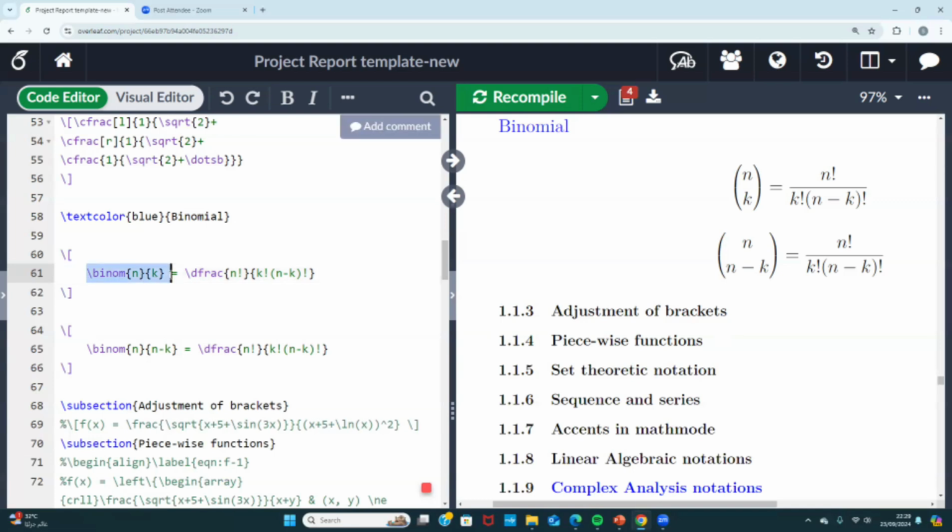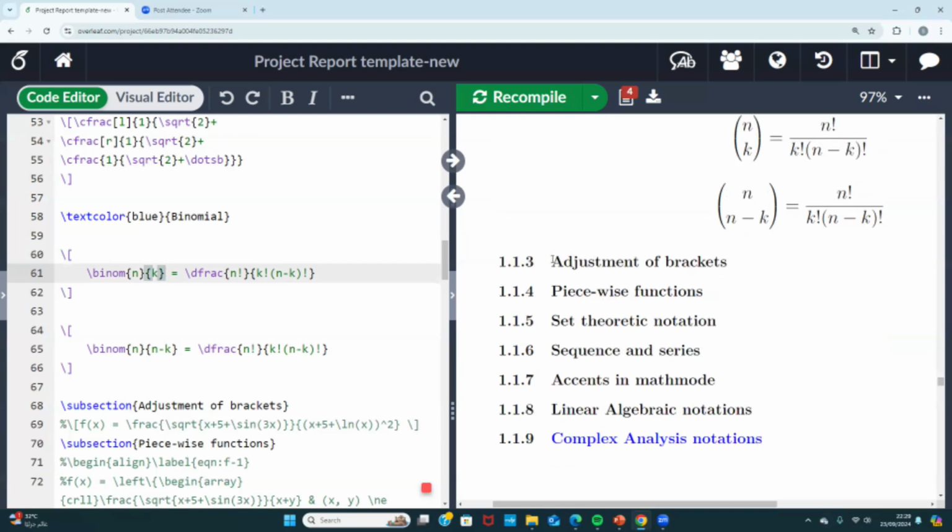The binom code will automatically give us the bracket here. But other than that, if you need to use brackets in some cases, how will you use them? What are the brackets in LaTeX, and how can you adjust their size according to the content? That will be discussed in the next lecture.